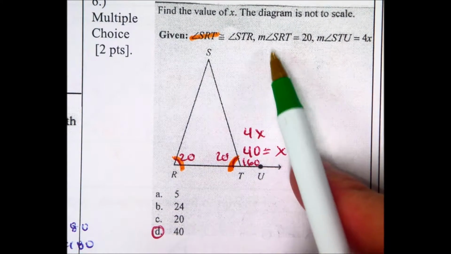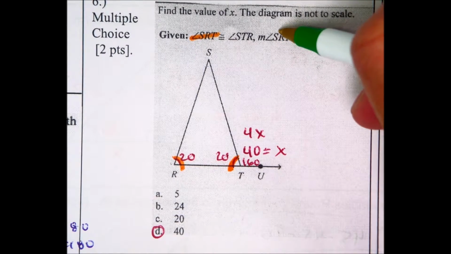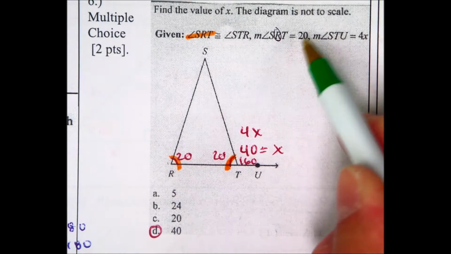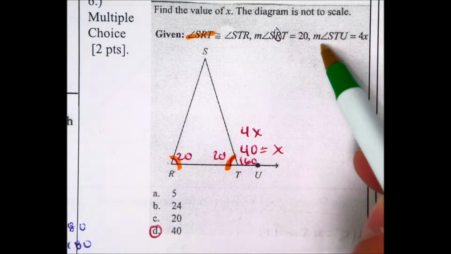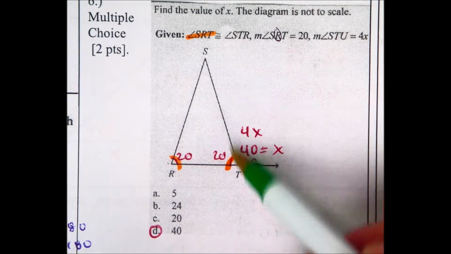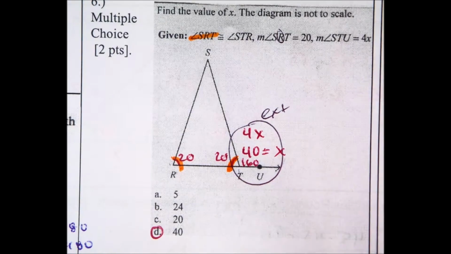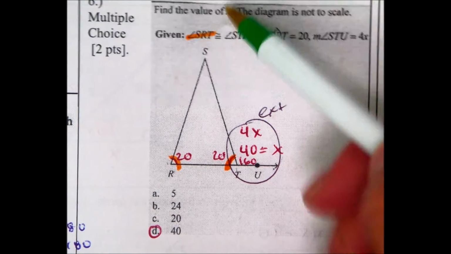If the measure of angle SRT, middle letter is R, is 20 degrees, and the measure of angle STU, that's the exterior angle, is 4x, they want to know what is the value of x.